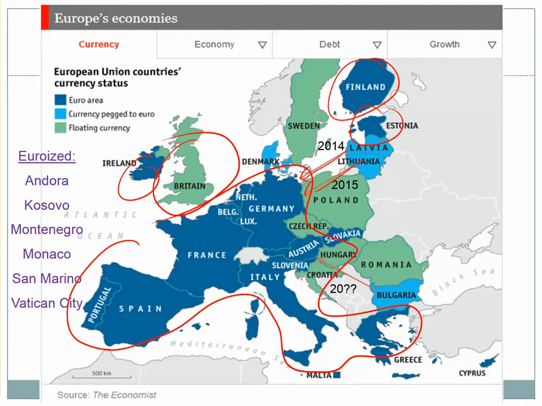And then you have major floating currencies, again, like the pound, Swedish krona, Polish zloty, Czech, Romania, Hungary, Croatia, floating. And they have currencies that are currently pegged to the euro, and they're usually the currencies that are trying to get into the Eurozone. Latvia, Lithuania, Bulgaria, except for Denmark. Denmark has no interest in being in the Eurozone, but they are pegged because that's a major trading partner. And then here you have Greece. The question is, will they exit the euro?